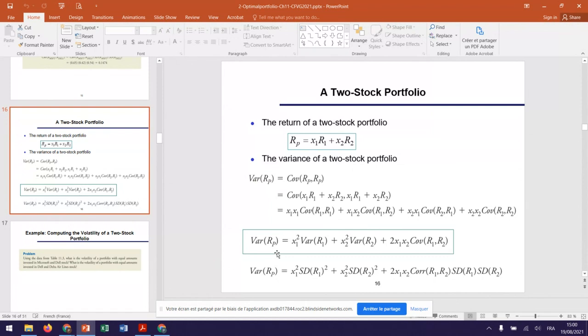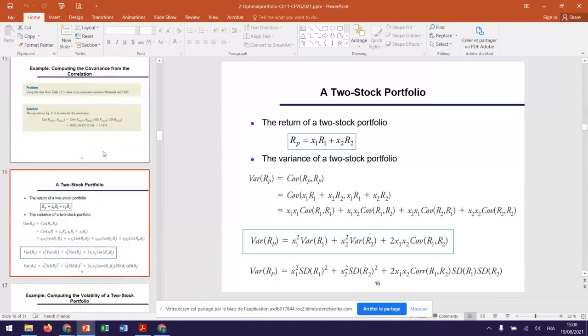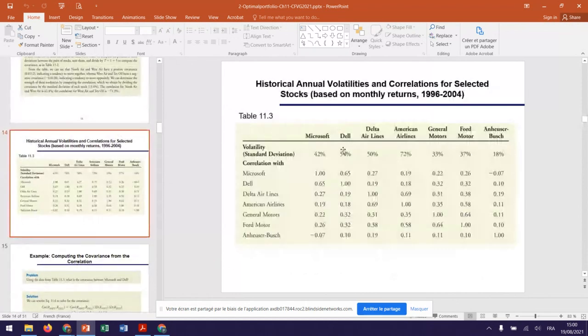Let's take the data from Microsoft, Dell, Delta Airlines, and American Airlines, and start to form a portfolio and see what the return of your portfolio is when you combine different stocks, and what the risk of the portfolio is.